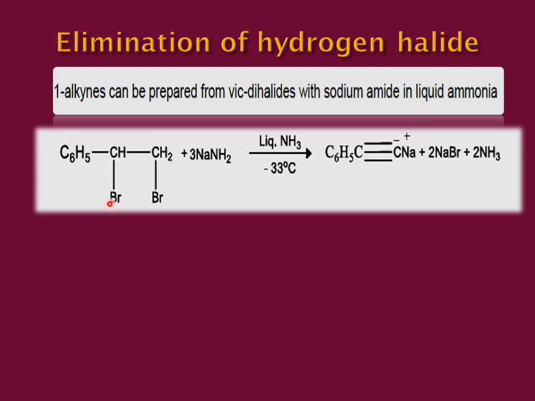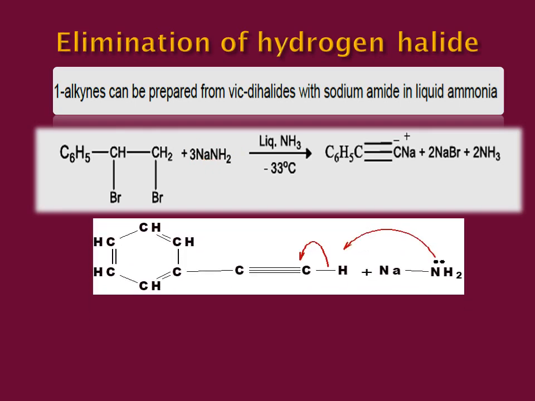In the second step, another mole of sodium amide is going to abstract this proton, shift the bond over here, eliminating this Br and making a triple bond. Now why have we used 3 moles? The third mole of the base is going to abstract this proton, shift the carbon-hydrogen bond on this carbon atom as a negative charge.